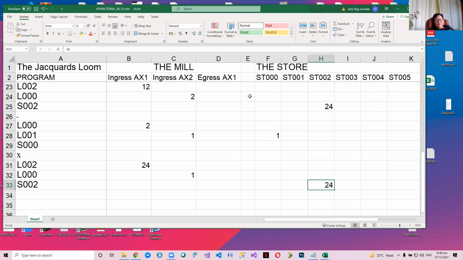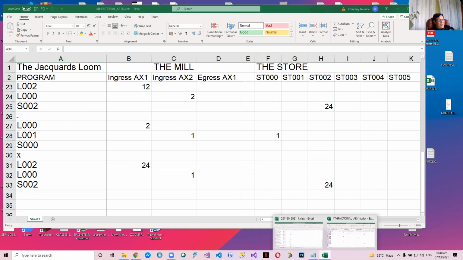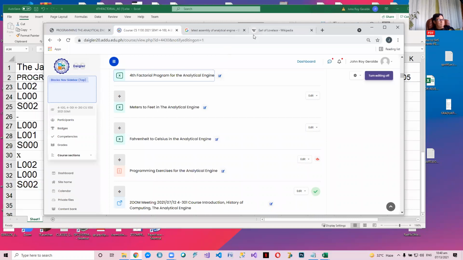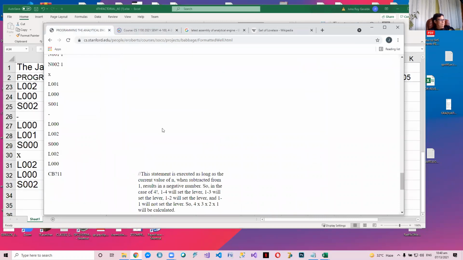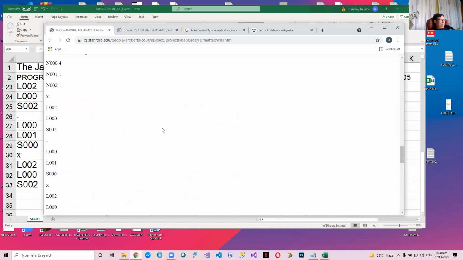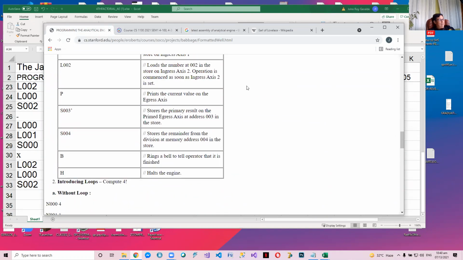Do you follow? Any questions? And then we will have a bell. What is the bell? By the way, the bell command is what? B. And H is halt.